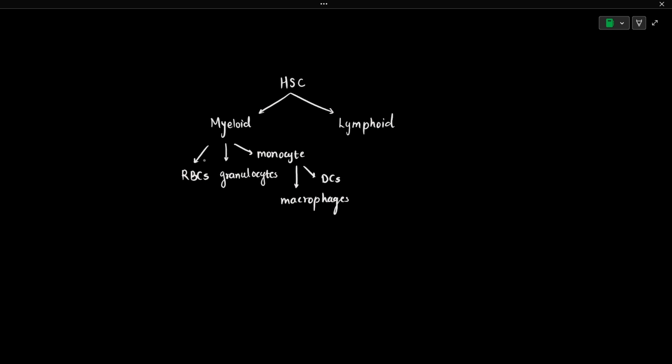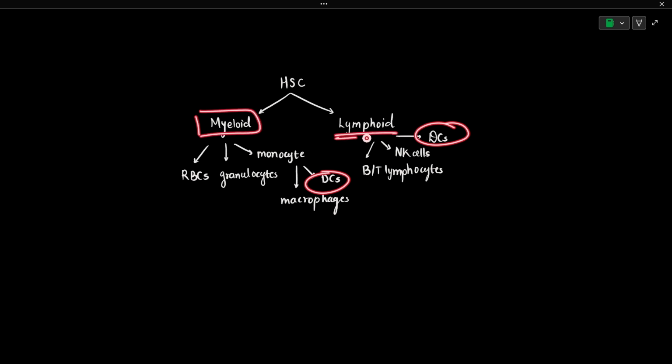So this is how myeloid cells can give rise to dendritic cells. Whereas the lymphoid cells can give rise to B or T lymphocytes, natural killer cells, and dendritic cells. So today we are going to learn about dendritic cells, which belong to both lineages, the myeloid lineage and the lymphoid lineage.